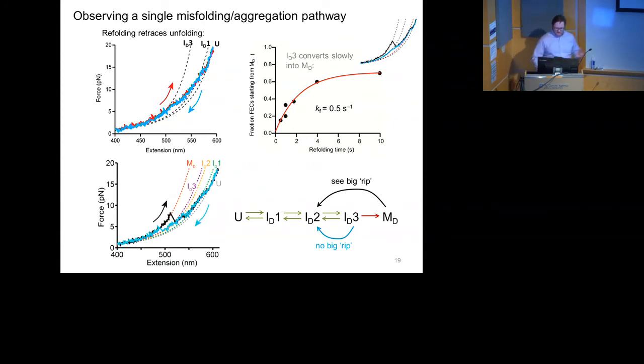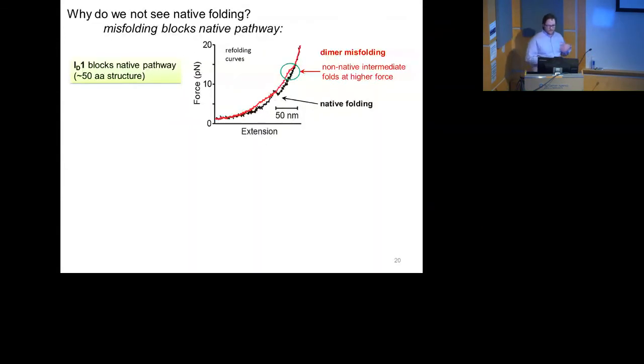But anyway, I was just walking you through how we can get detail out of these force extension curves. One thing is we never saw a native transition when we had a dimer. We never ever saw a rip that looked like a natively folded prion protein. Well, that's special because people have done these experiments with other proteins and they didn't see that behavior.